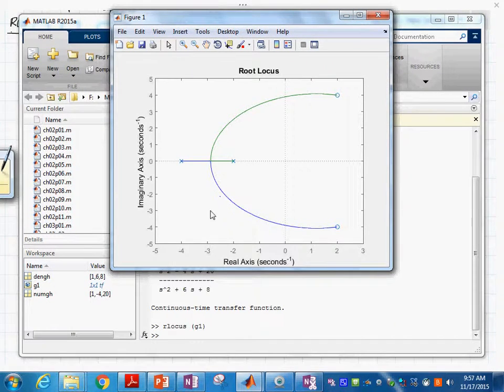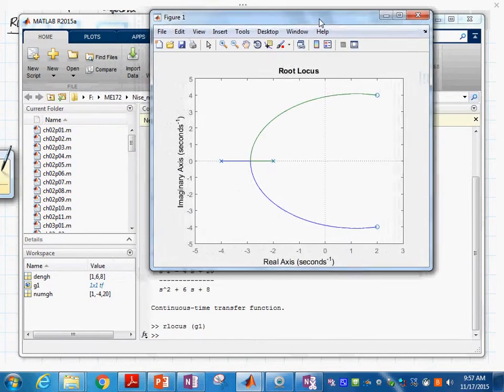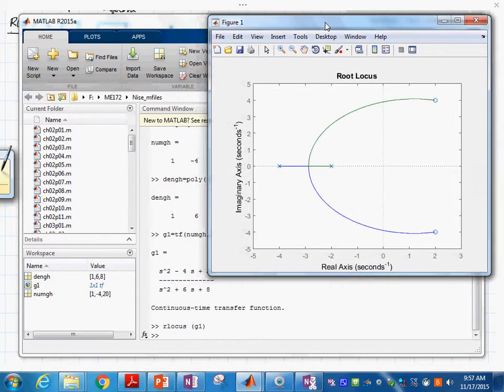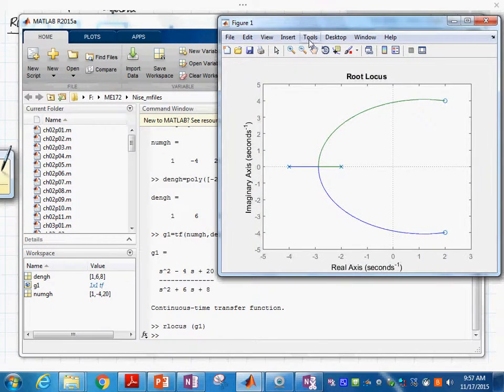What this is saying is the roots of the numerator are called zeros, remember? There you can see, here's the transfer function, and this is the plot.